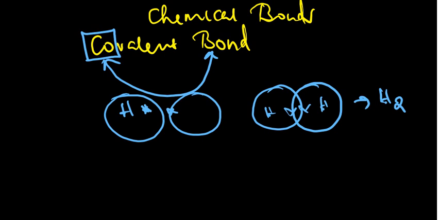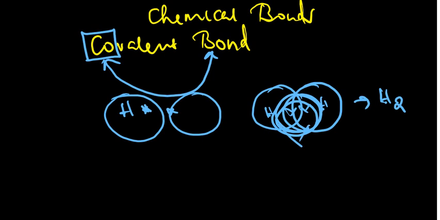So it is the equal sharing of electrons in order to form a bond. If the electrons that are being shared are not equal, then that bond is not a covalent bond. A single covalent bond represents sharing of two electrons.